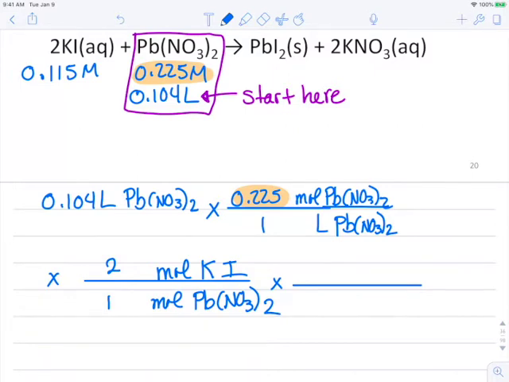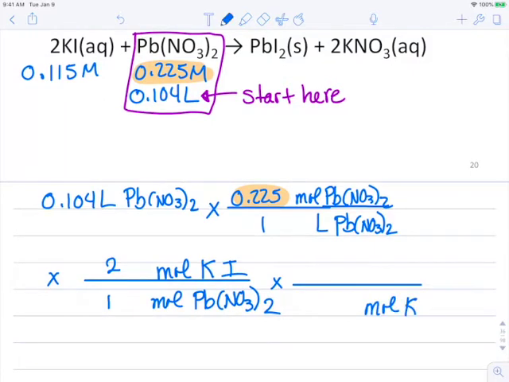And so here I'm going to do moles of KI, and on the top I will have liters of KI. Now here again we're going to use our molarity. So how many moles of KI? Yes, 0.115.